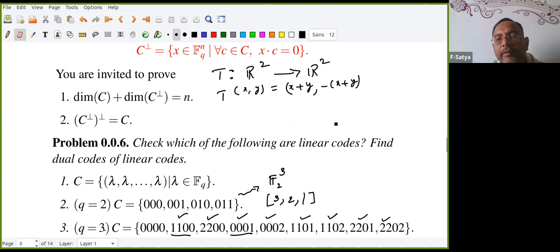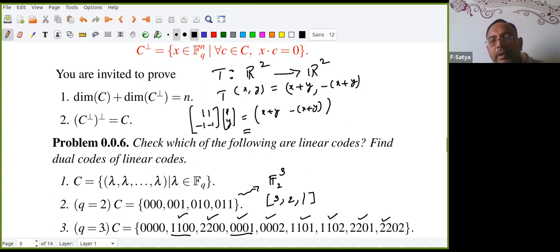What is the null space of this? Otherwise you can think of the matrix itself. Where will all the vectors go? If I take (x, y), where are they mapped? To (x plus y, minus of x plus y), correct?